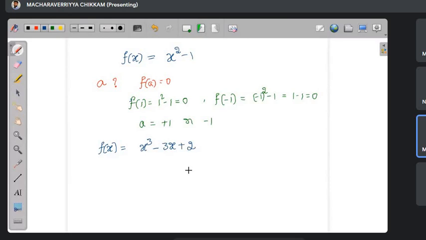Can you tell me at least one value where this function is taking 0? It is a cubic polynomial. Simply I'm asking what are the roots of this polynomial. I don't need all roots. At least you tell me one. One is enough.